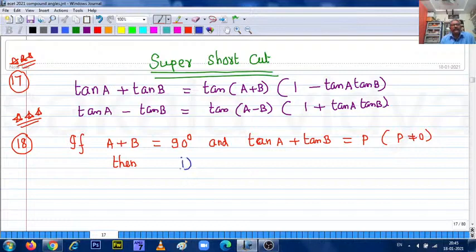First one, tan square A plus tan square B equals P square minus 2.